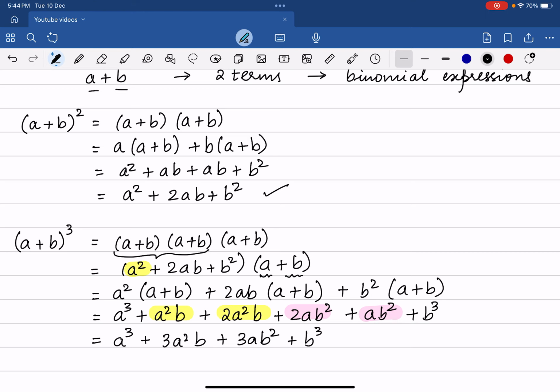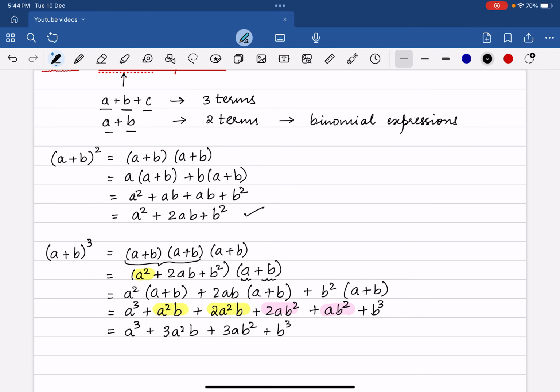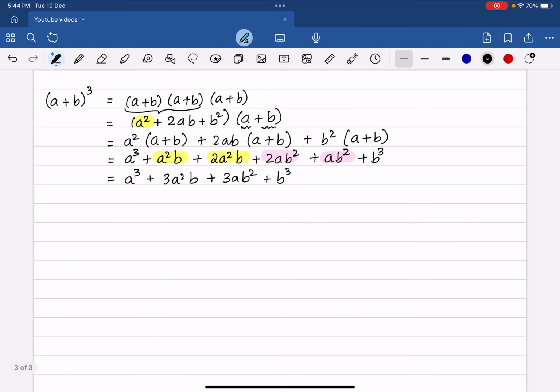Now let us write it over here: a plus b the whole squared was a square plus 2ab plus b squared. I am going to write out the coefficients of the variables here.